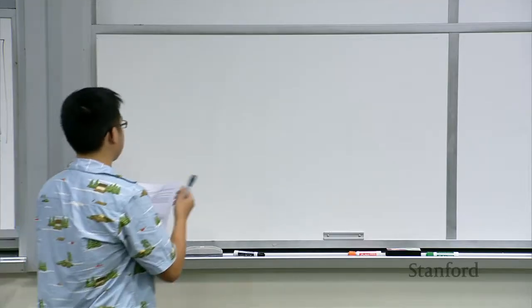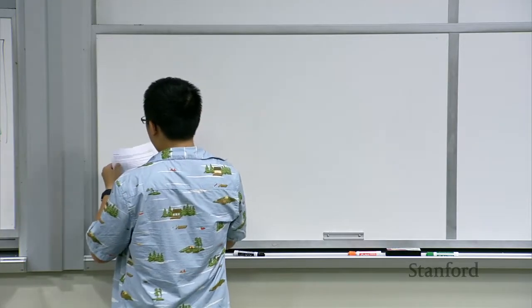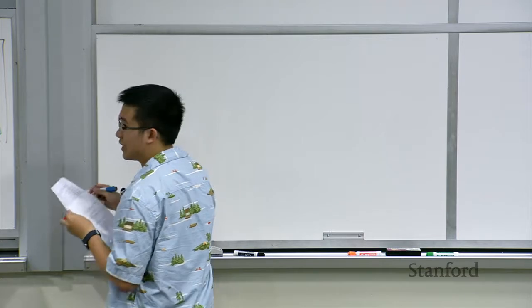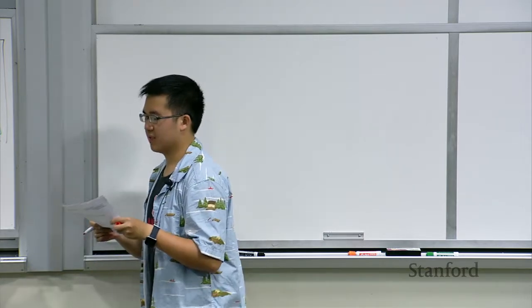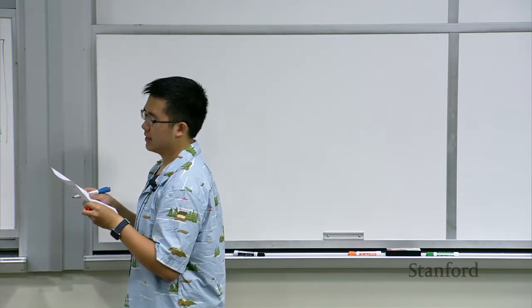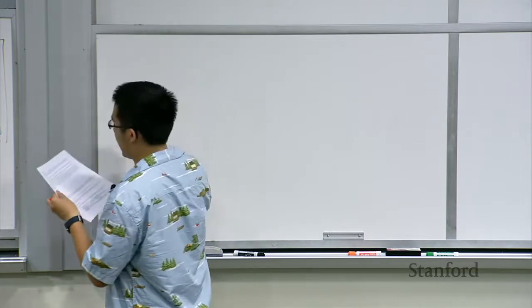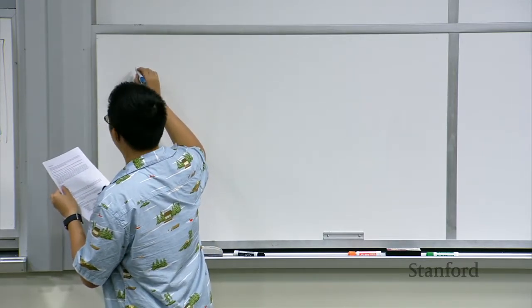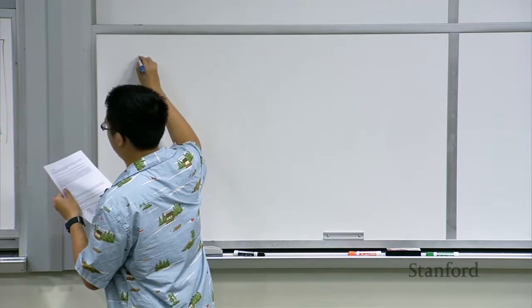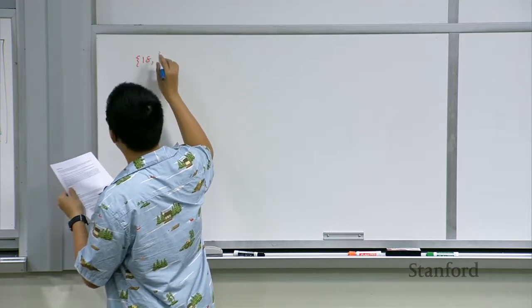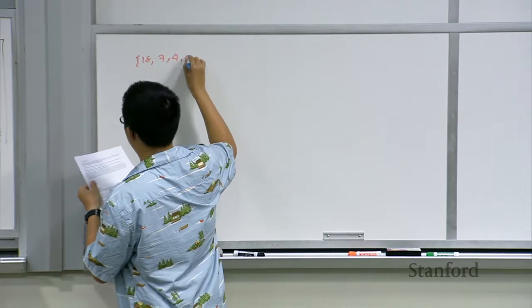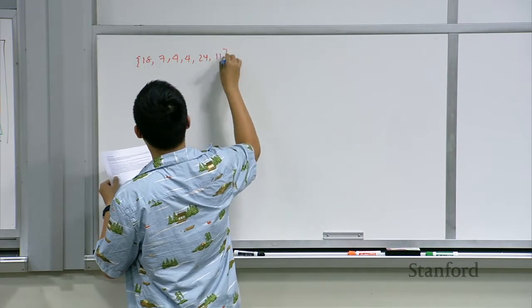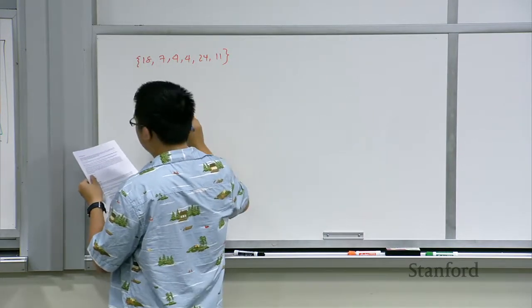The question is essentially, we're going to deal with that array int class again. We wrote a class which stored a bunch of ints, and let's say this array had the elements 18, 7, 4, 4, 24, 11. Okay, and then we want to stretch it.